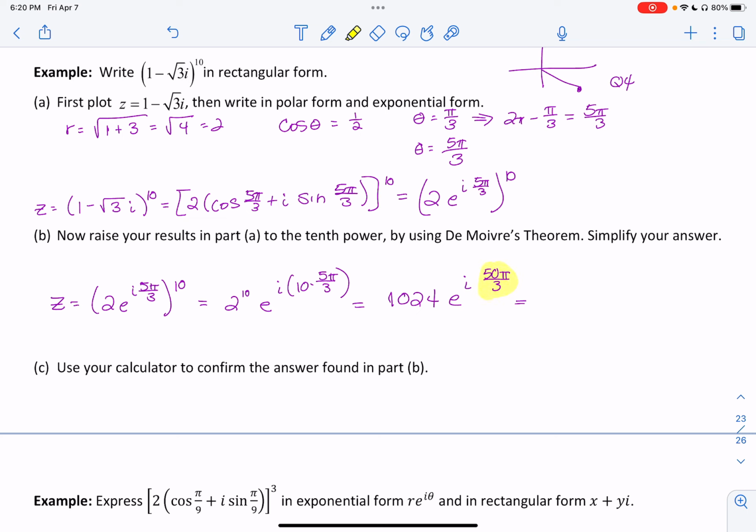I have no idea where that is off the top of my head. So I continue to subtract off 6 pi over 3, that's a 2 pi value, until I get 1024 e to the i of 2 pi over 3. That is what you're going to come out of there with, all right?